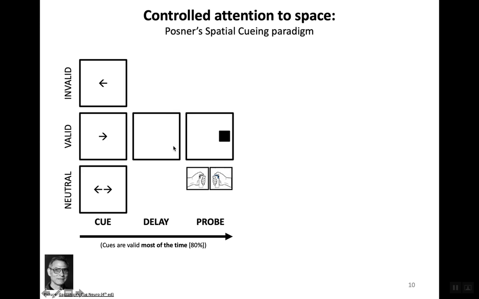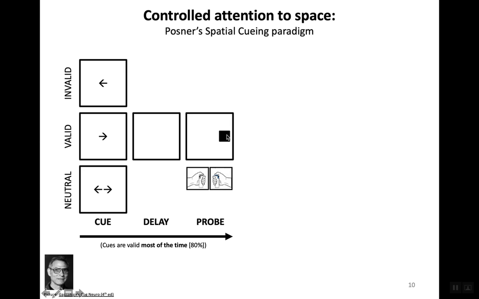And then after a brief delay, we can see a probe, a stimulus displayed in the right hemifield. And this is what happens on a majority of trials. So let's say on 80% of the trials, when you see a single arrow, the arrow points you in the right direction.